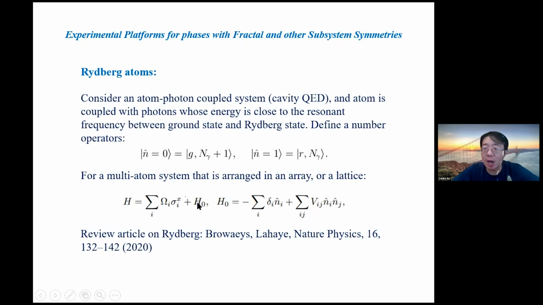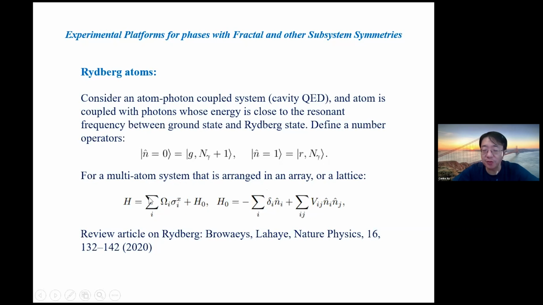And then there's H naught. H naught is a term like this. So this V term is the van der Waals interaction between the Rydberg atoms, and there's a delta term which looks like a chemical potential of the Rydberg atoms. This delta can be tuned through the detuning of the cavity QED techniques. You don't have to know what detuning is, and I don't have time to explain that in detail. But overall, you can just think that in Rydberg atoms you can realize this kind of Hamiltonian.